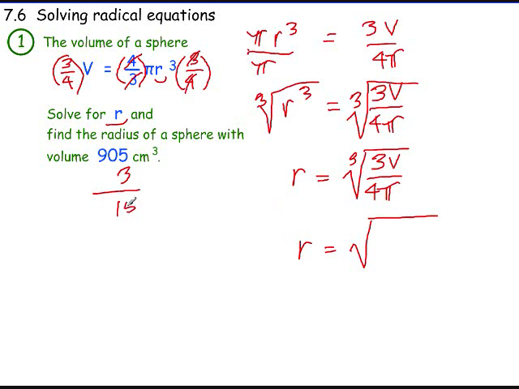That'd be 15. You, I hope, will use your calculator for this. 3 times 9 is 27. So it's 27 over 15. Oops, this should be a cube root, right? Come on. Why isn't it writing? And it would be centimeters.